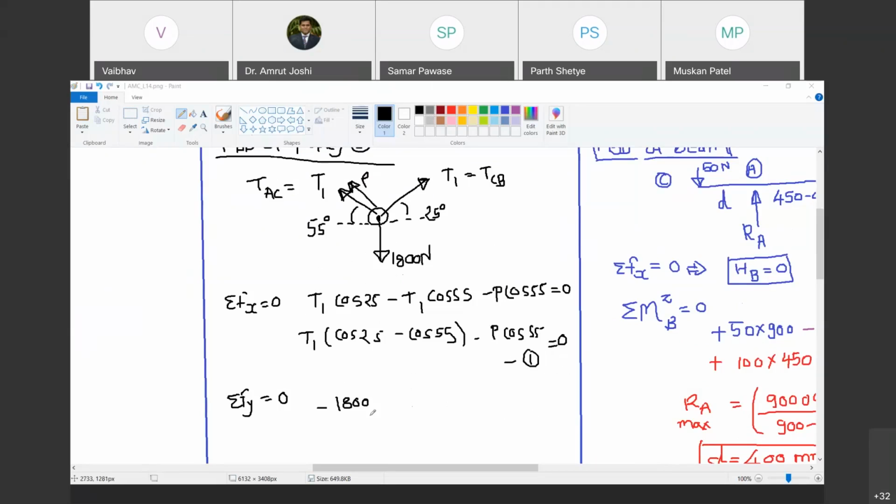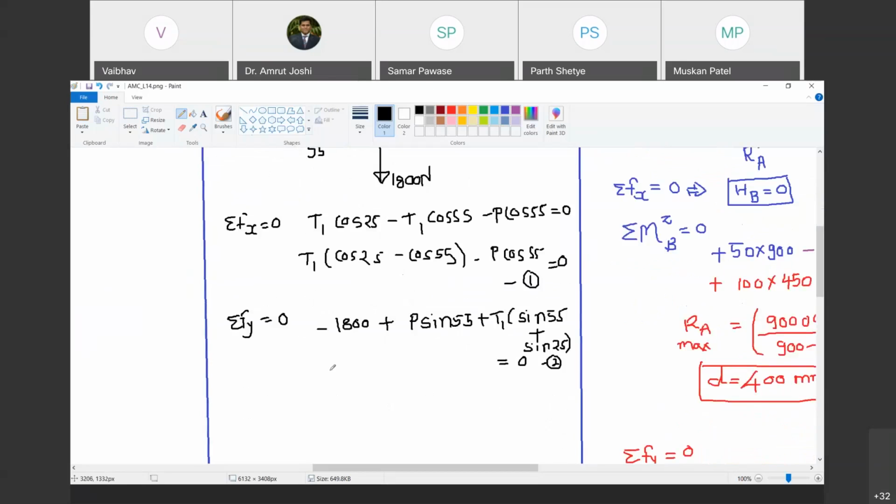Taking T1 common into the bracket, sin 55 plus sin 25. Do you agree with me? This must be equal to 0. This is the second equation.